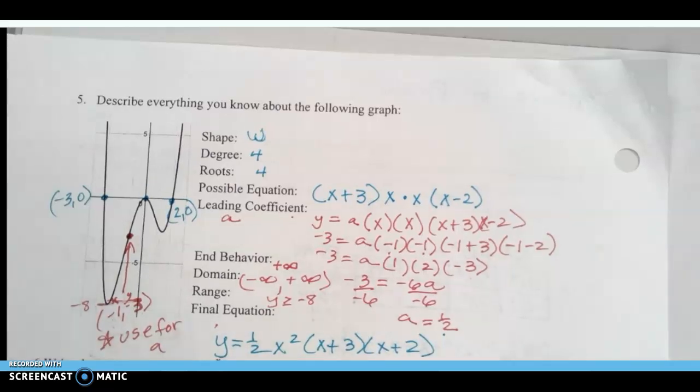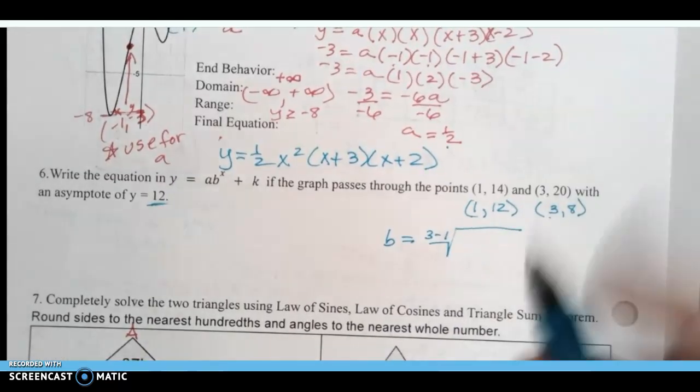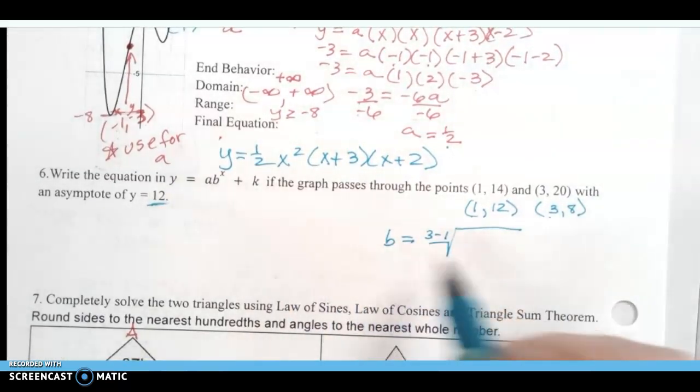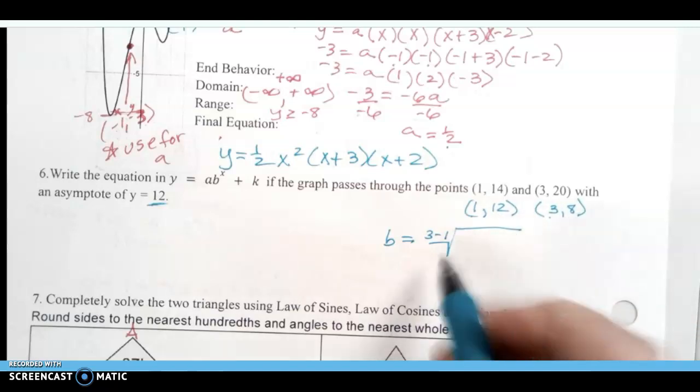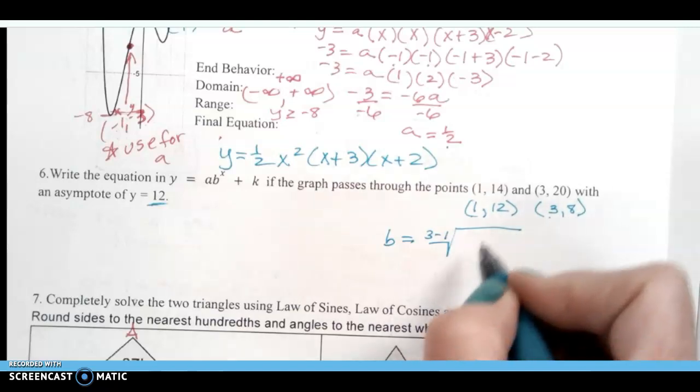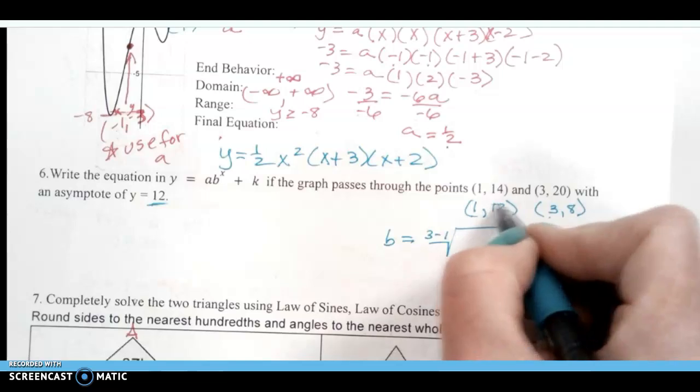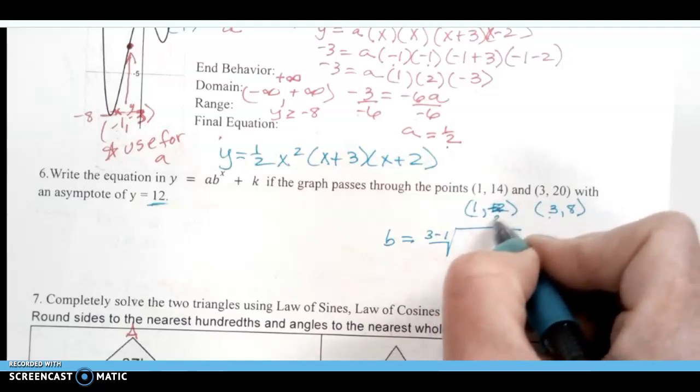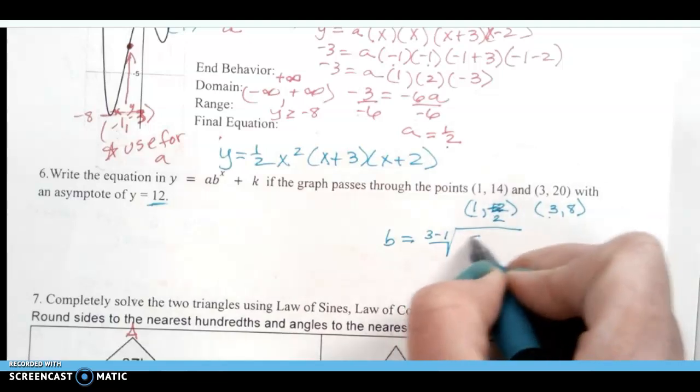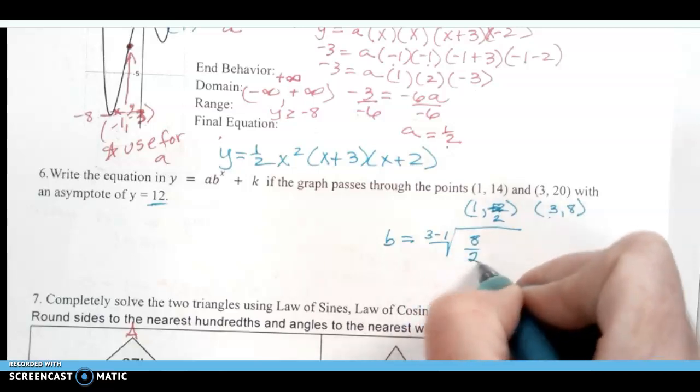And we need to figure out our b value. So for our b value, we're going to subtract the x values, so 3 minus 1. And then under the root, we're going to take the y values and divide them. So 8 divided by 2.